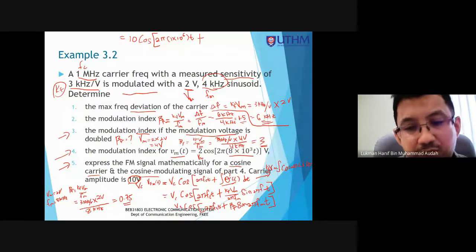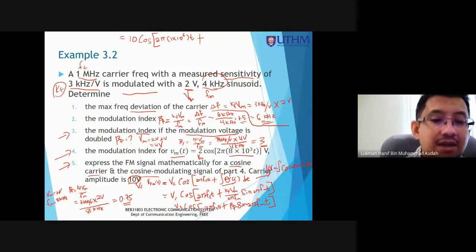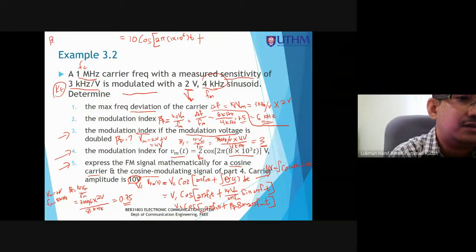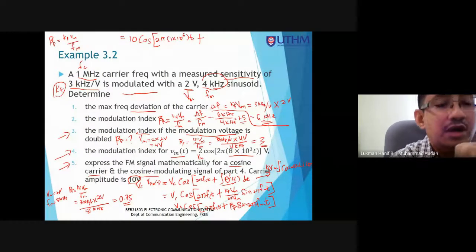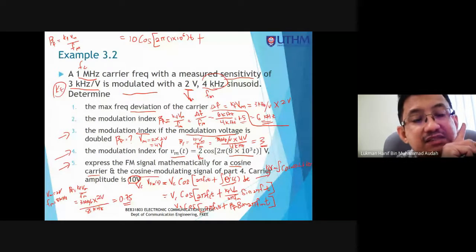Kf Vm over 2 pi Fm is actually beta F, or you can calculate beta F di sini. Beta F sebenarnya you boleh kira dengan cara seperti ini, Kf Vm over Fm, because we are given the value of Kf in Hertz per volt.